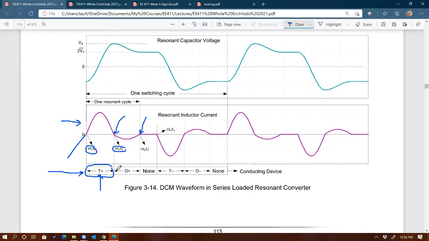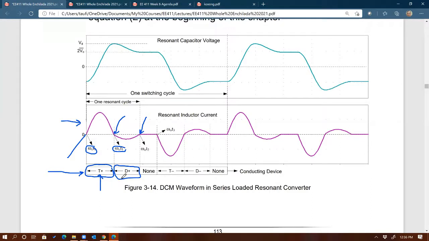Then next is D plus conducting. Now the diode is not controllable, as you know already, so D plus will naturally conduct. And I'll explain later why D plus naturally conducts after T plus. And then after that, none of the devices is conducting.